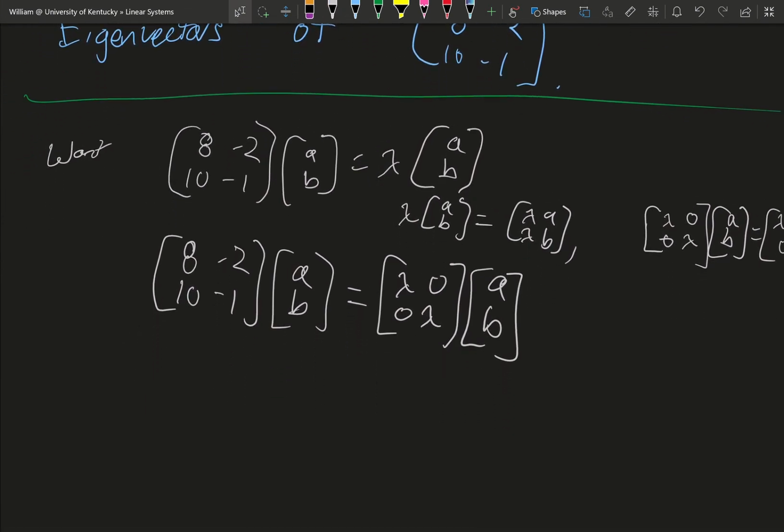So I can write this right-hand side like this. Now I have this shared term, so I can move everything over to the other side. Let's do that. So negative 2, 10, negative 1.